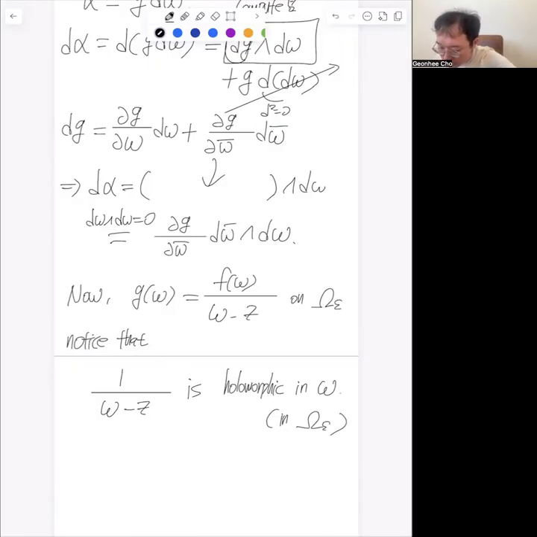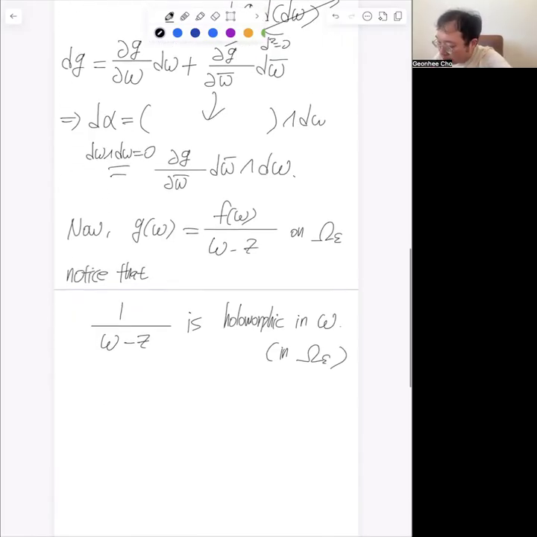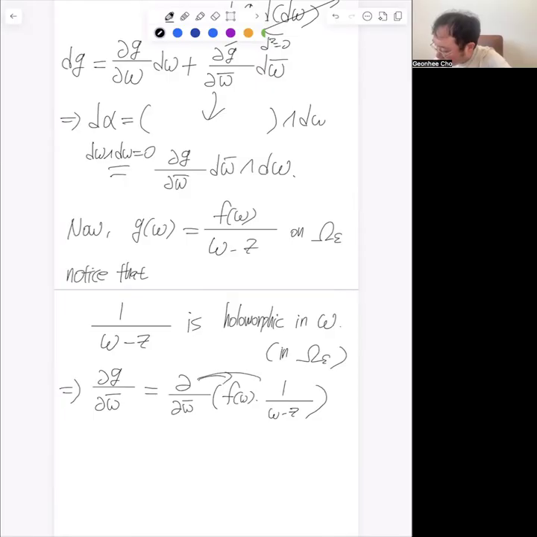So because of this, when we take the partial derivatives on g, now we have two expressions. One is the function f that we need to consider. Another one is this guy. Then we need to use the Leibniz rule. So the second derivative must be zero. This is one benefit that we are able to take.